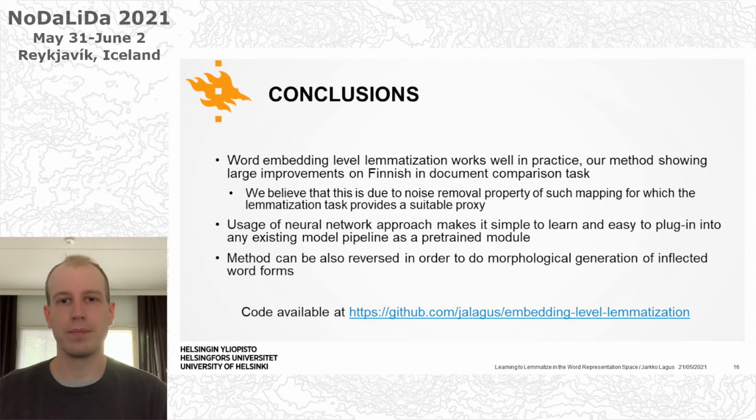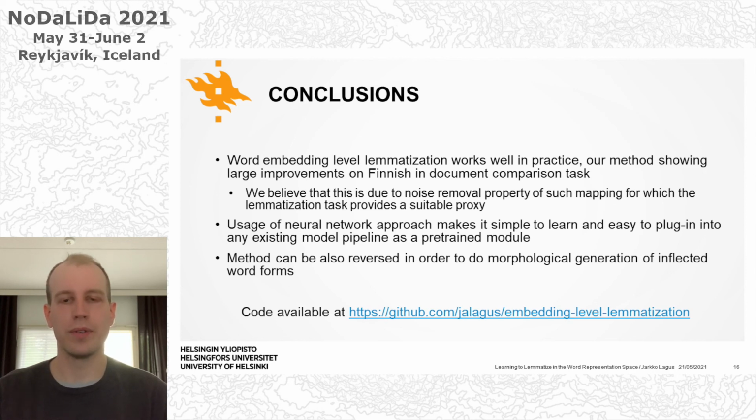The neural network method makes it very simple to learn these models, and they become quite lightweight. So this can be easily plugged into any kind of pipeline, especially if there are already neural pipelines. You can just add these as a locked pre-trained set of layers at the beginning, just after the embedding layer.